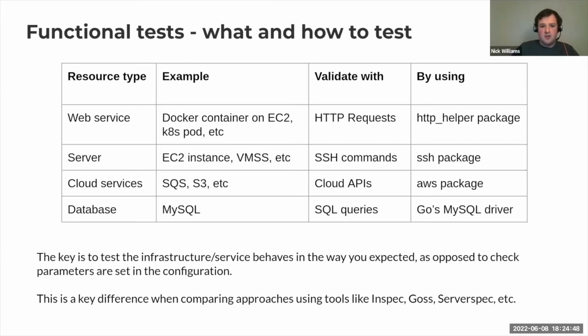If you're just deploying a server, you're probably going to use something like SSH commands to SSH in, and check that whatever scripts are on there or whatever tools you've installed are available. The same goes for cloud services, databases, and container instances.